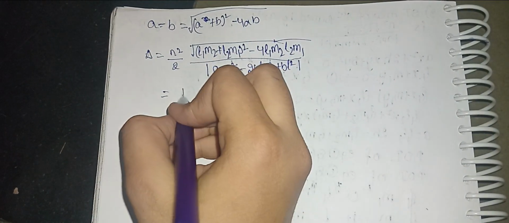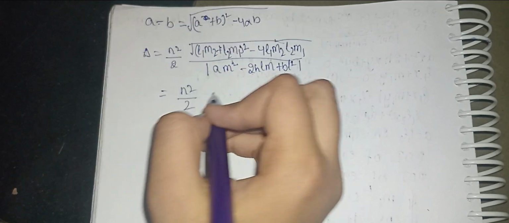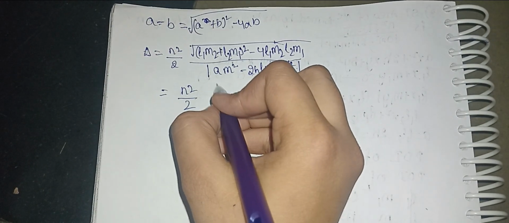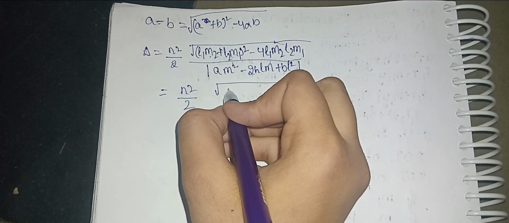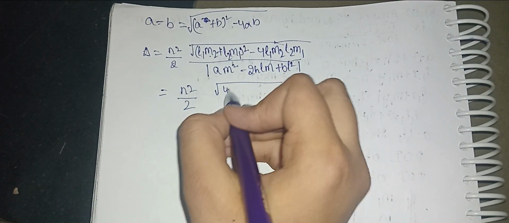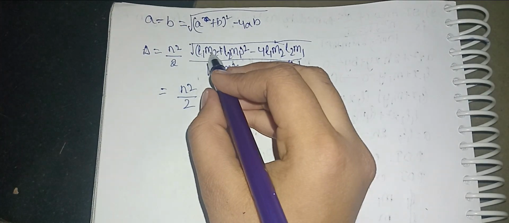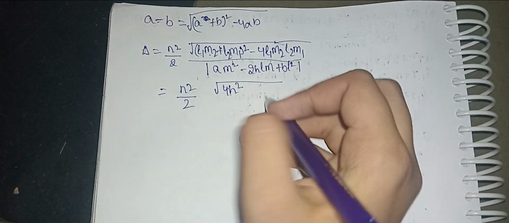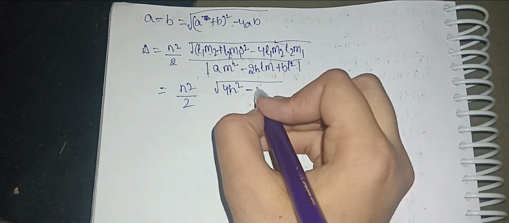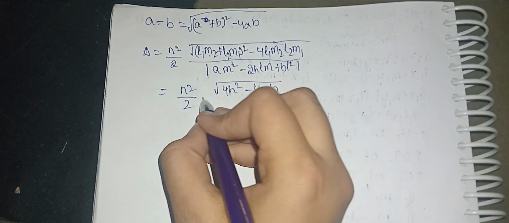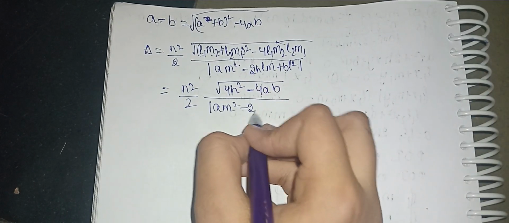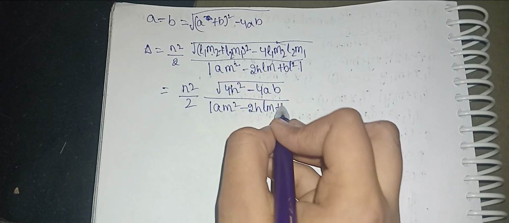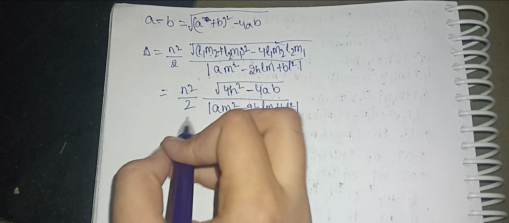It will be equal to n square by 2 root over, this is equal to 2h, right? 2h whole square is 4h square, minus 4ab, by am square minus 2HLM plus BL square.